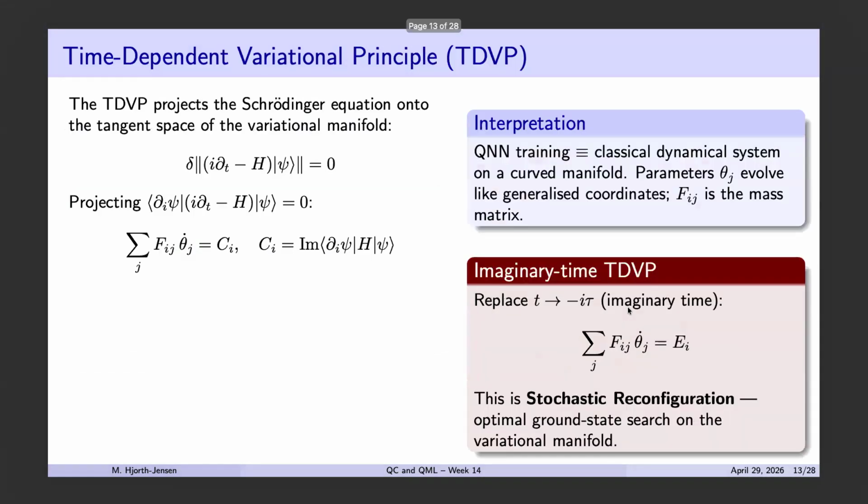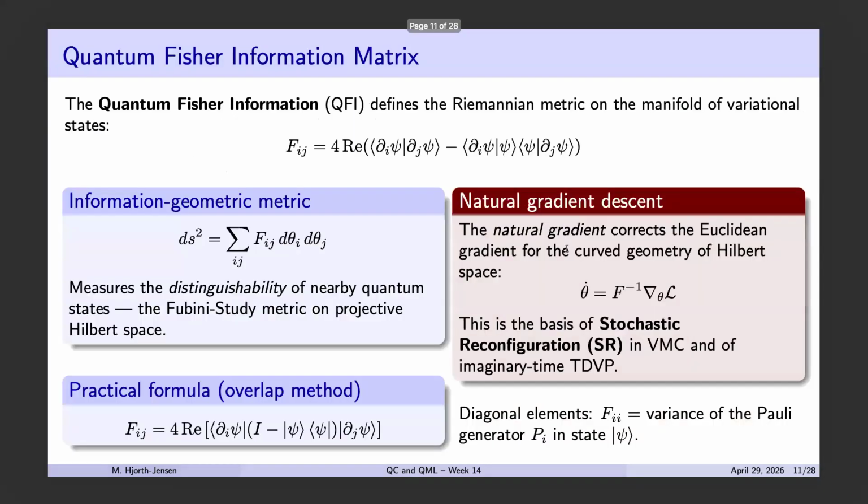Typically, when you have this time-dependent variational principle that projects the Schrödinger equation onto the tangent space of the variational manifold which you're optimizing, that means you would also have this Fisher information if you want to use it. You don't need to do this. You can just replace F inverse with a parameter and then rerun with different learning rates.